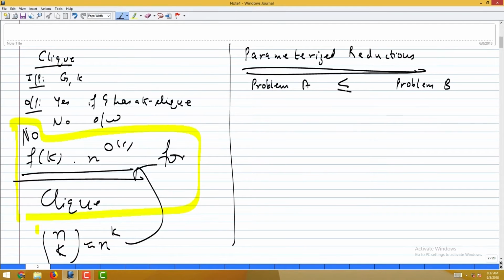So this is a yes instance of problem A if and only if this is a yes instance of problem B. Okay. And just for the sake of simplicity, let's assume we are working with graph problems and their decision problems. So an instance of A will look like, let's say, G comma k. Instance of B looks like G comma k. Okay.